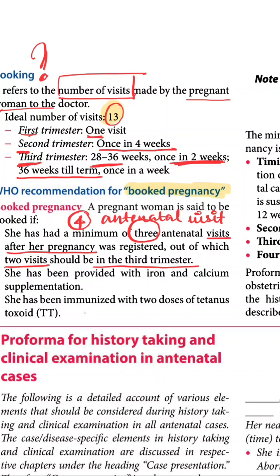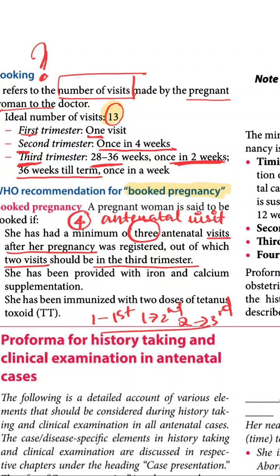So 1 in the first trimester, 1 in the second trimester, 2 visits in the third trimester. So totally 4. If there are these 4 visits, then you will term the pregnancy as booked pregnancy.